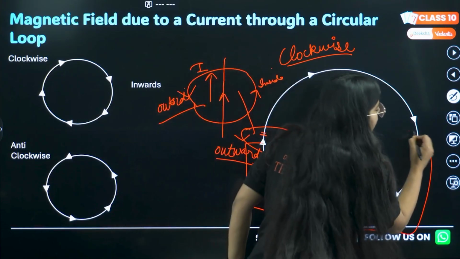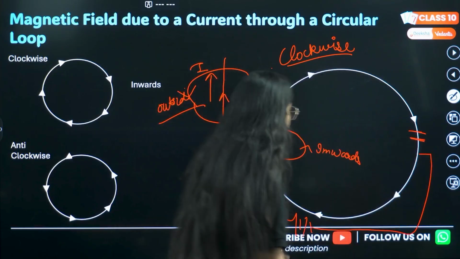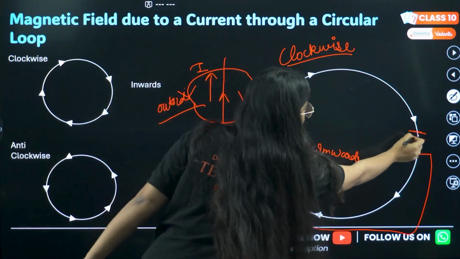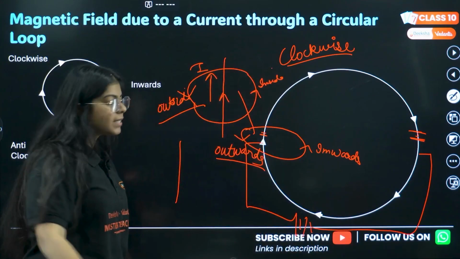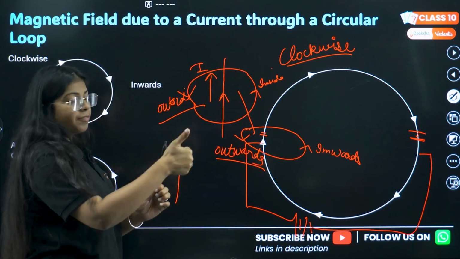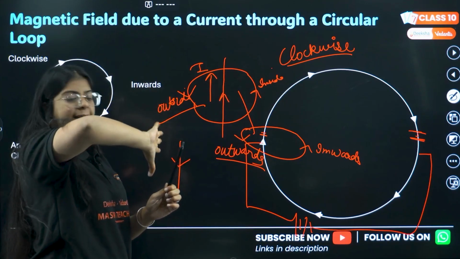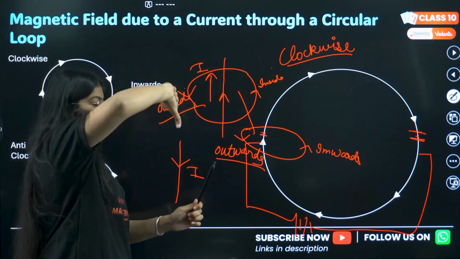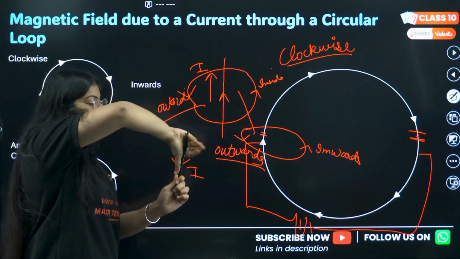Okay, this was the upward direction. Let's take this other part of the wire, where the current is downwards. I'll hold my wire like this, thumb in the direction of current, and curl my fingers.